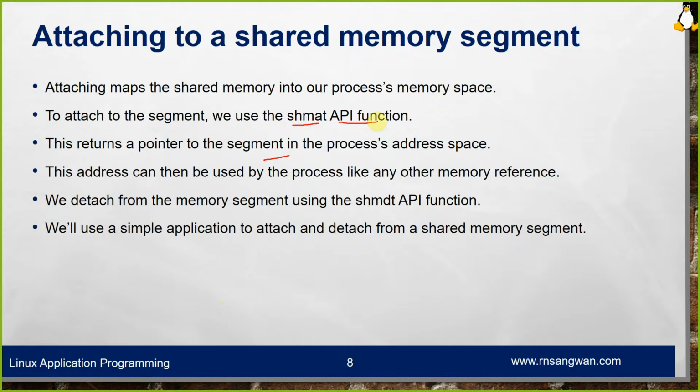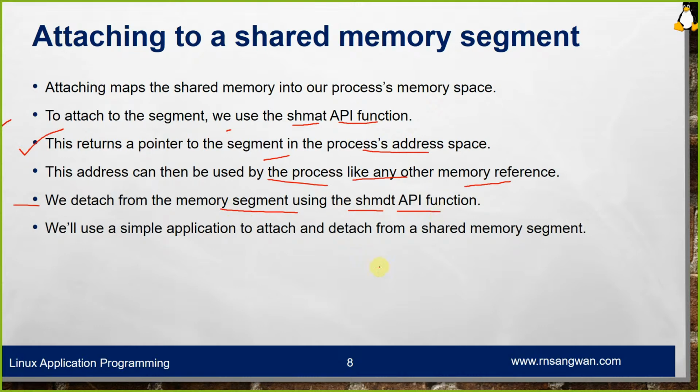This returns a pointer to the segment in the process's address space. This address can then be used by the process like any other memory reference. We detach from the memory segment using the shmdt API function, that is detach. So AT for attach, DT for detach.